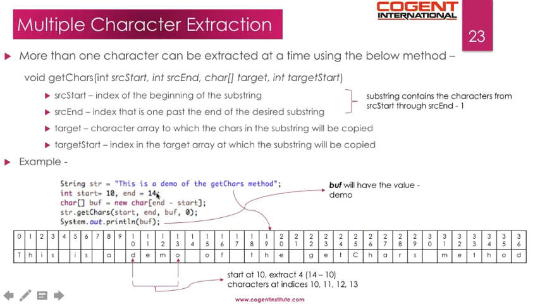So the substring should contain the characters from the start index through the end index minus 1, which is from 10 to 14 minus 1, which is 13. So character at 10, which is D, character at 11, which is E, character at 12, which is M, character at 13, which is O, is extracted. Hence, when we print the value of buff, it will print DEMO.